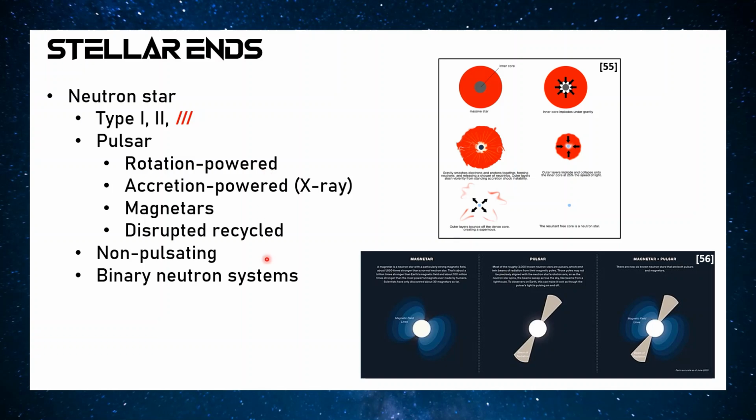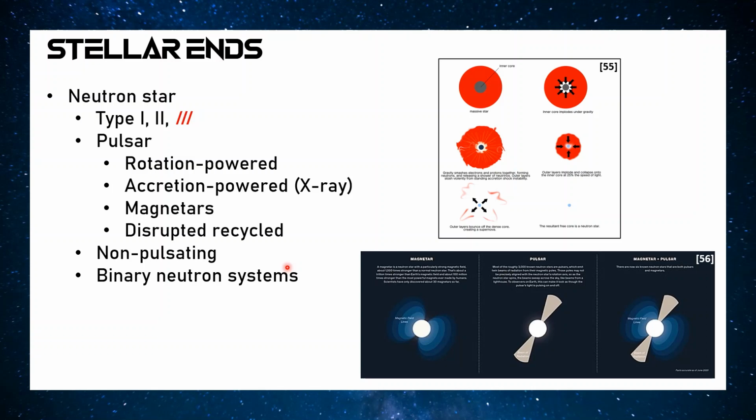There's accretion powered, powered by the gravitational energy of accreted matter. This produces X-rays. There's also magnetars, powered by the decay of an extremely strong magnetic field. And there's disrupted recycled, where two massive stars in a binary system go supernova, and then the first pulsar forms and sucks off matter from the second, recharging its magnetic field.